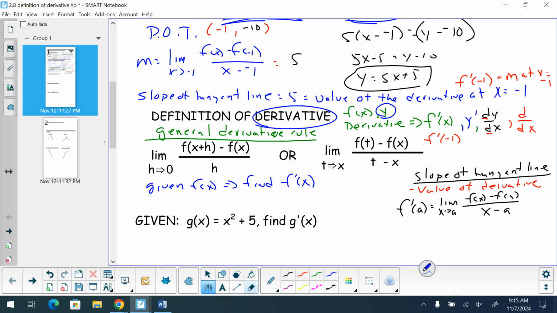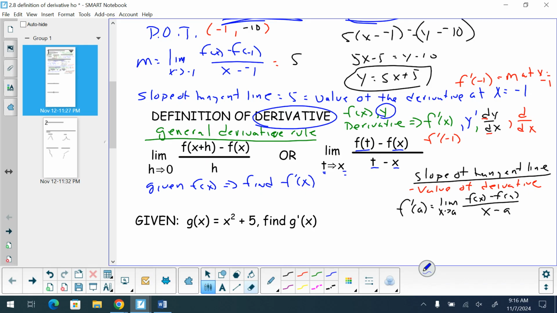What we are used to is f of x minus f of a over x minus a. Well, we want to be able to take this function back into a form of x. So we want to recreate a function and put it back in terms of x. So what we have to do is introduce another variable here. And that variable is going to be the value of t.